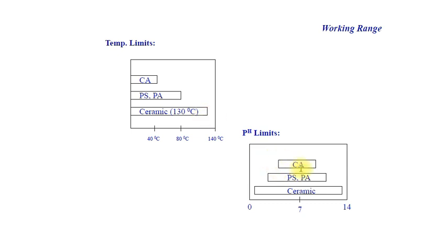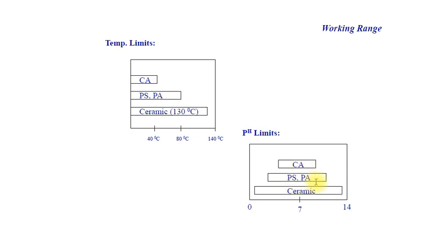Now the pH limitation. The working pH range for the cellulose acetate membrane is quite narrow. It is around 6 to 8, which is the pH range of processed water. So basically cellulose acetate membranes are used in reverse osmosis for water purification.